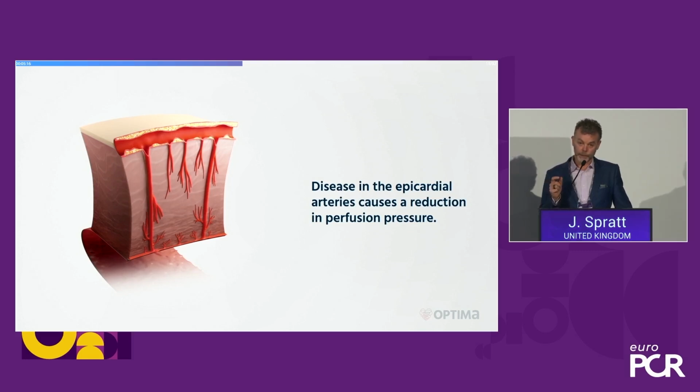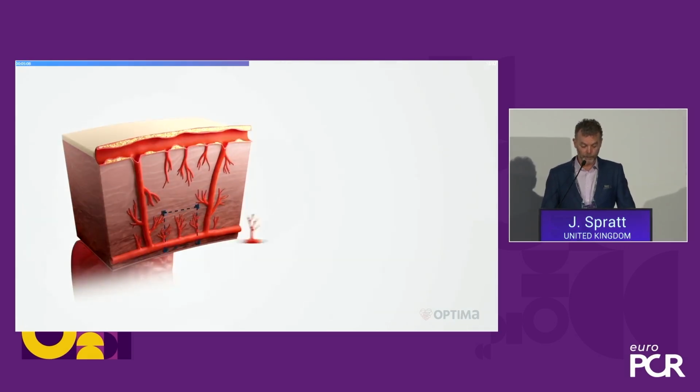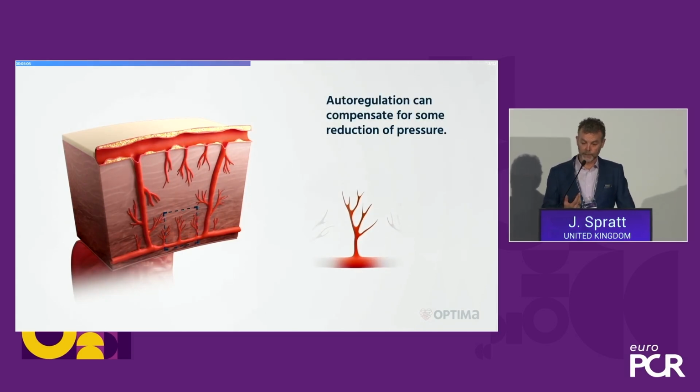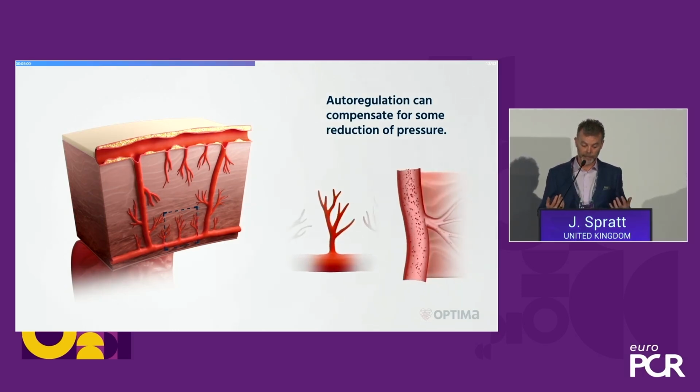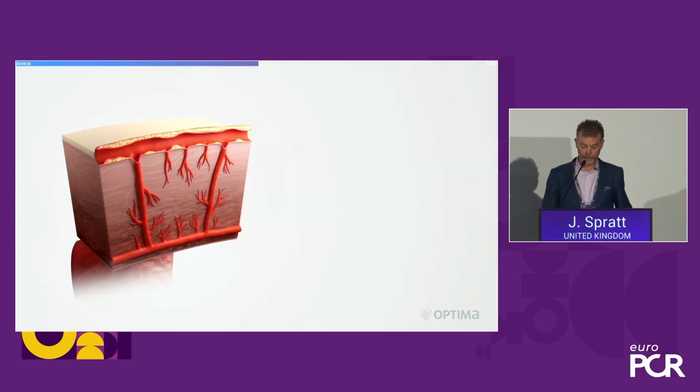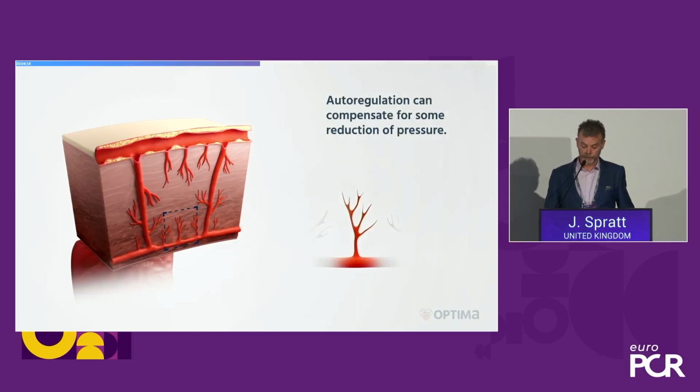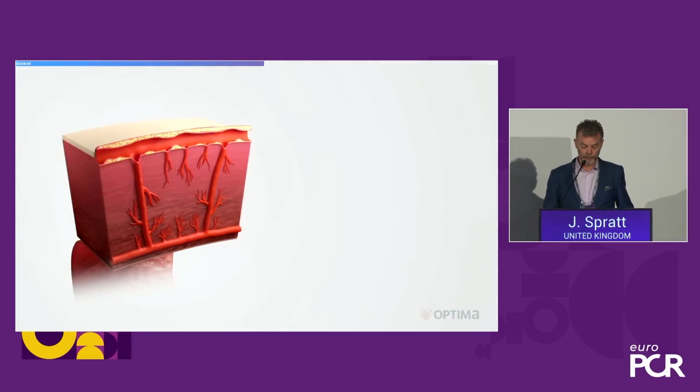And critically, this is where you see the impact of the subendocardium come into play because of that reduction in flow. So once again, if we look at this difference, this auto-regulation can compensate, but it's the point where it fails to compensate that patients get angina, where they fail either due to a problem with the microcirculation or due to a severity of stenosis that they can't further compensate for this reduction in perfusion pressure.